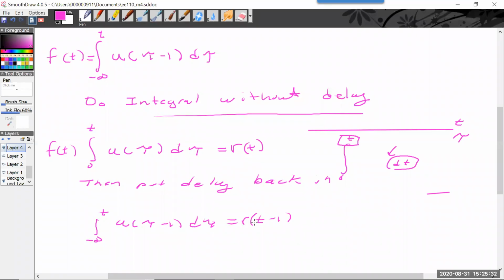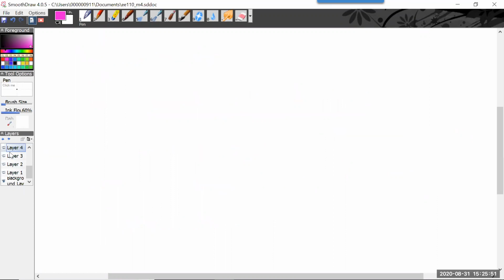But it's really quite useful when we're doing all of this in the time domain. Okay? So why don't we do a convolution?